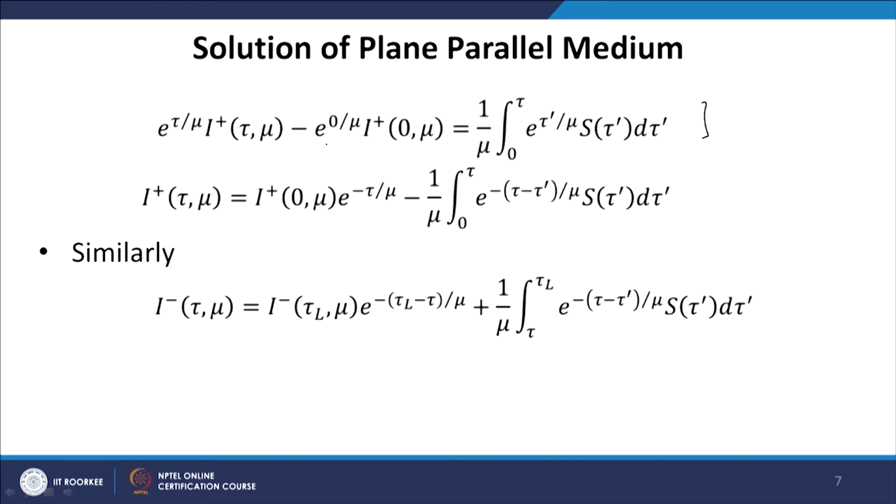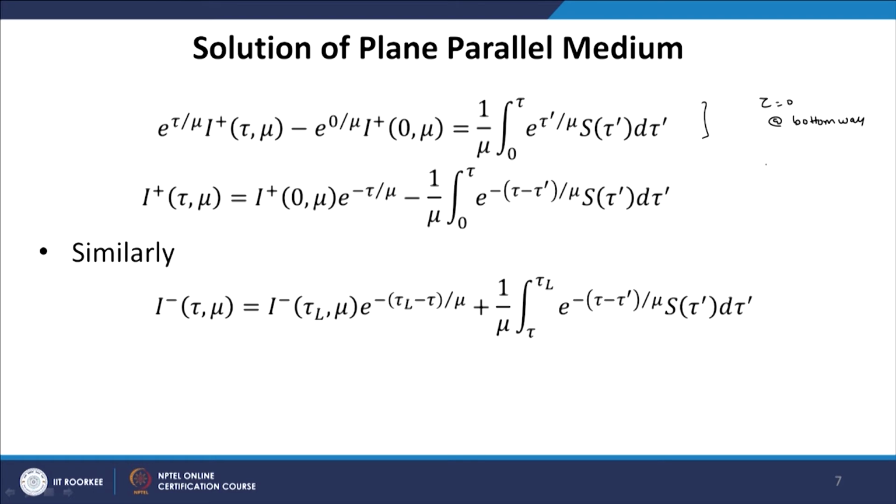So, tau is equal to 0 at bottom wall and I plus 0 mu is the boundary condition. So, we have substituted the boundary condition here, is equal to 1 by mu integral 0 to tau e power tau prime by mu S tau prime.